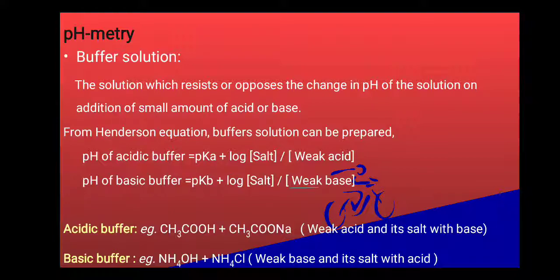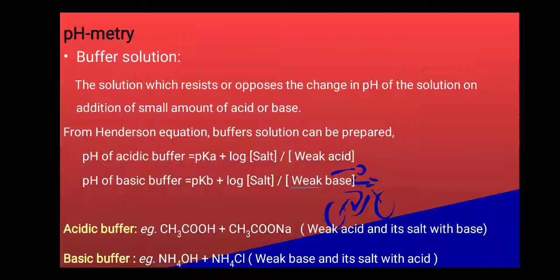This sodium acetate is called a salt of that weak acid with a strong base. The combination of both of these, CH3COOH plus CH3COONa, is called an acidic buffer. That means acidic buffers are formed by a weak acid and its salt with a strong base.